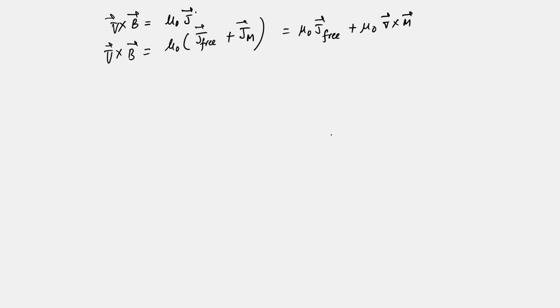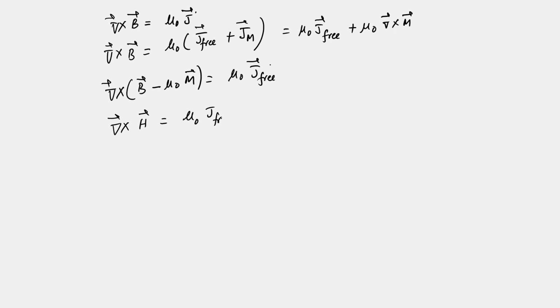So, this curl of M, and I can combine the two sides and write this as curl of B minus mu 0 M equal to mu 0 j free, and this is nothing but curl of H equal to mu 0 j free. Okay.